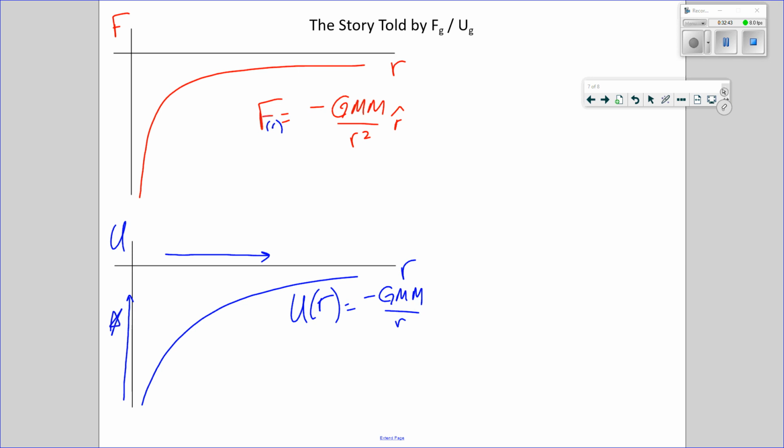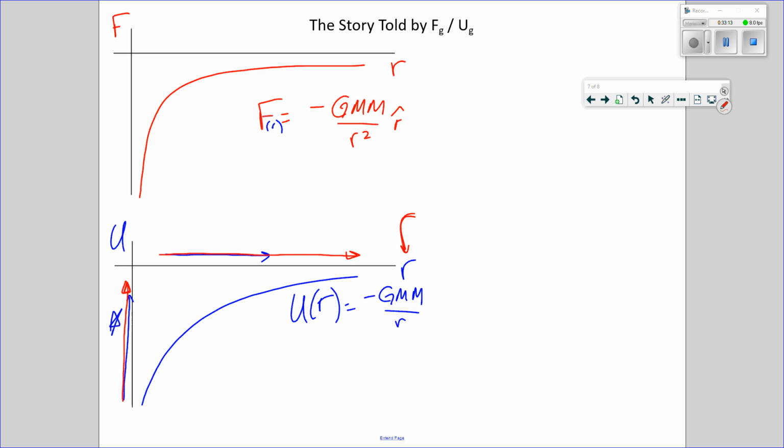It also says that the biggest U can get is 0. And that works really nicely because we need a function for which the farther away things get, the farther we go along our axis, the more potential energy, but the most potential energy a system can have is 0.